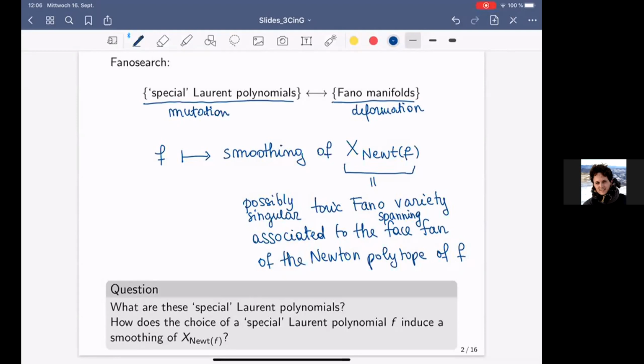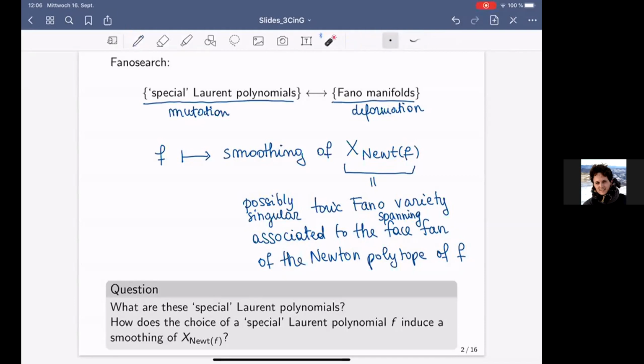And the mutation is just a birational transformation of the torus, and so a Laurent polynomial is transformed into another rational function of the torus, and sometimes this rational function is still a Laurent polynomial, so a regular function of the torus. And sometimes it's not. And this is the meaning of when a Laurent polynomial supports a mutation or not.